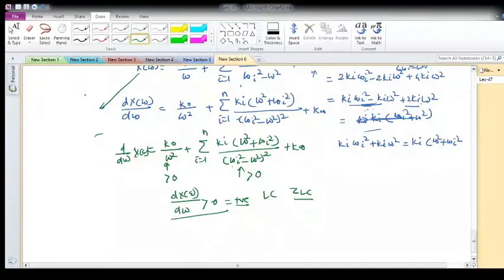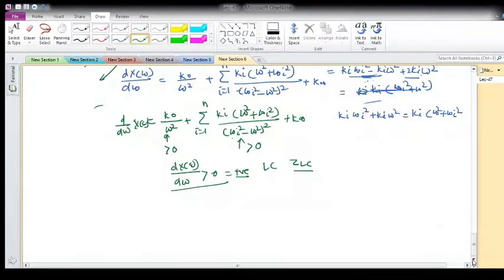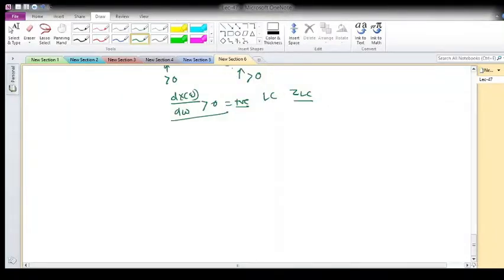Now let us draw the reactance sketch. Suppose I take x of omega as ki omega divided by omega I square minus omega square. Okay, so let us plot this function, x of omega with omega.